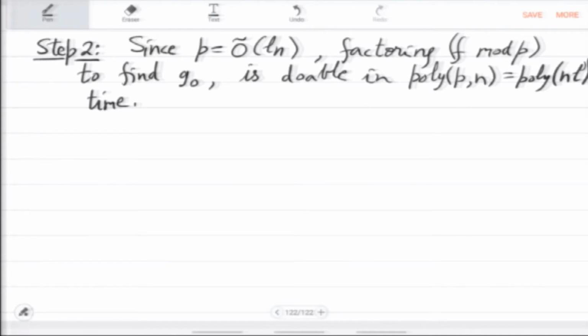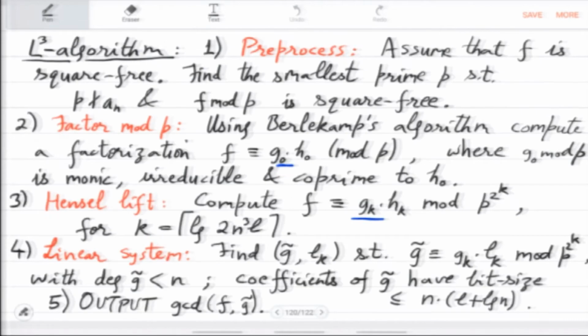Step 3 is Hensel lifting. So let's analyze that. Again, recall the k times Hensel lifting. That we have seen is a deterministic polynomial time algorithm. It is polynomial in k and the degrees and the bit sizes.